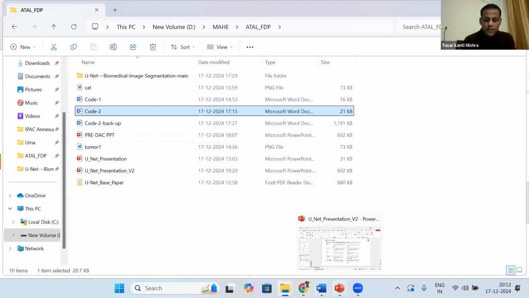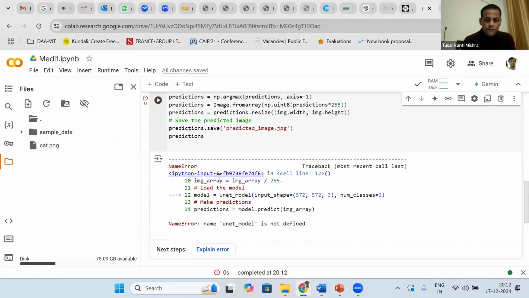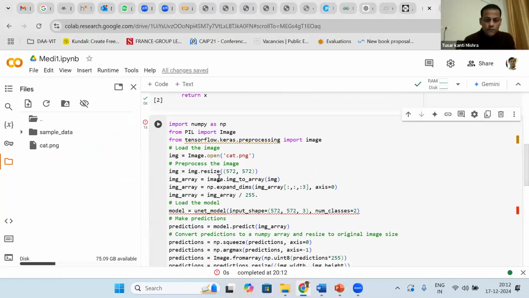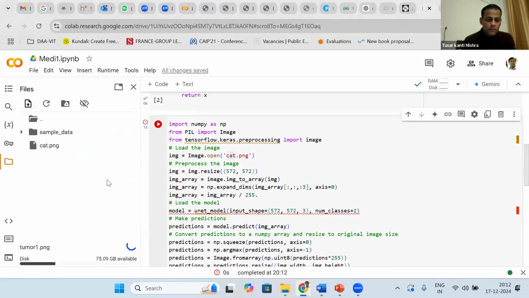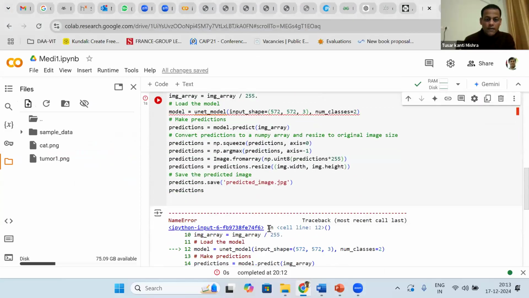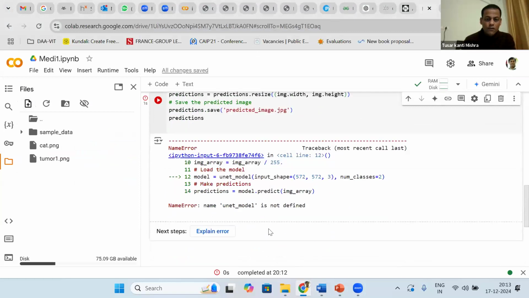We'll try with tumor image. Yeah, that is also not defined. True. That's why it is giving error. However, this is the basic approach. So yeah, that's the error. I got it.